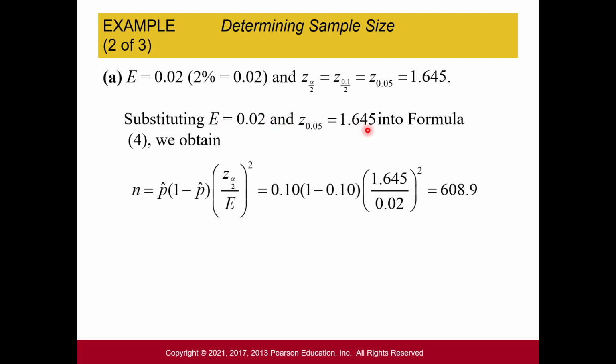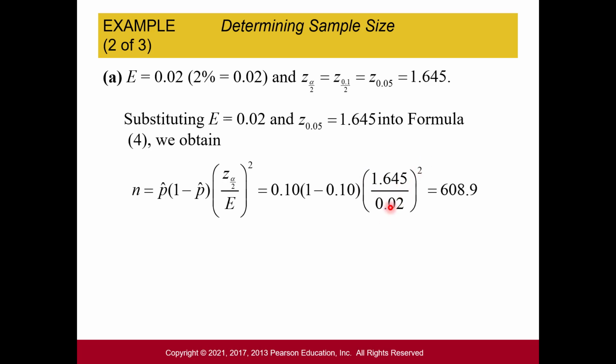And then we substitute those numbers into our formula for n. Remember, we're trying to find the sample size here. So we plug in the 0.10, and that's going to be from the previous study that we were told about from 2009, the complement of that, plugging in our z-score, and the margin of error.